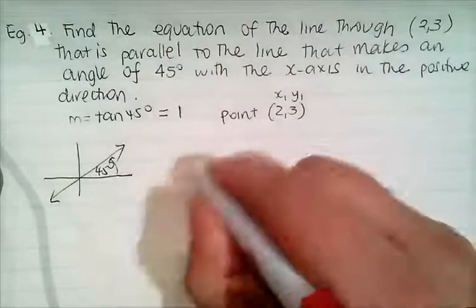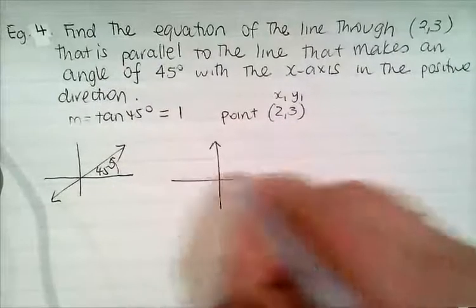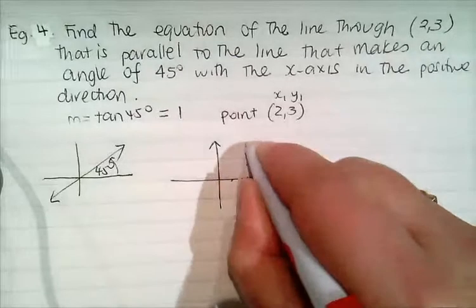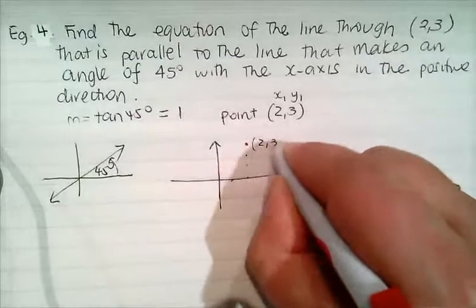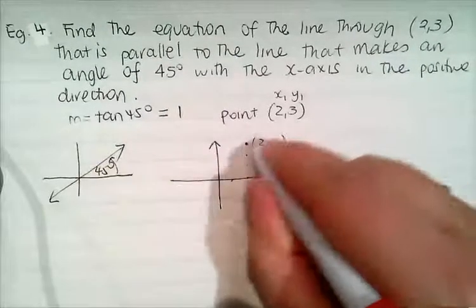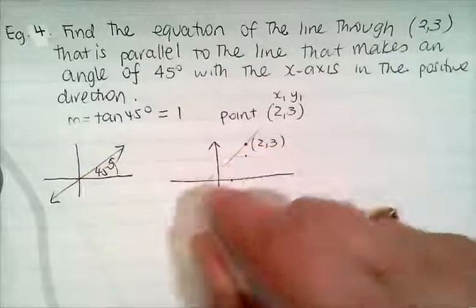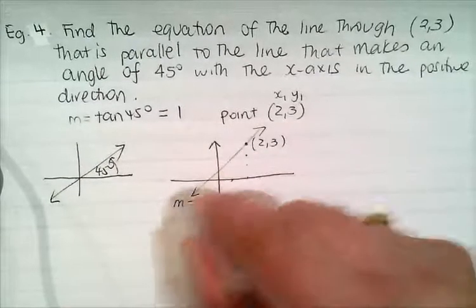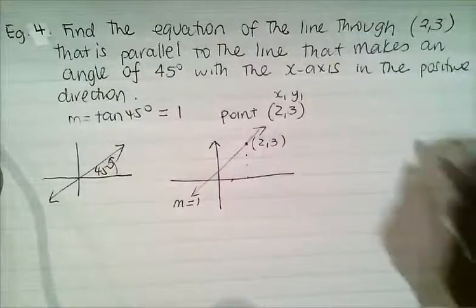So therefore, this line here has a gradient of 1. Our line that we're trying to work out the equation of passes through the point 2, 3, which is up here, and it's parallel to this line, so it has the same gradient. Okay, so our line has a gradient also of 1 and it passes through the point 2, 3.